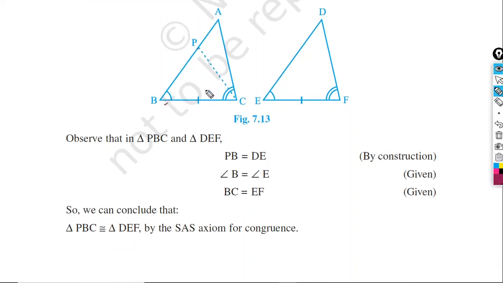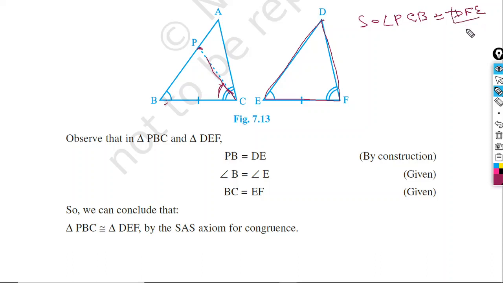Now what have we got? Triangle PBC, this triangle I am drawing, and triangle DEF are congruent, therefore angle PCB, look at the figure, this angle PCB, will be equal to angle DFE.